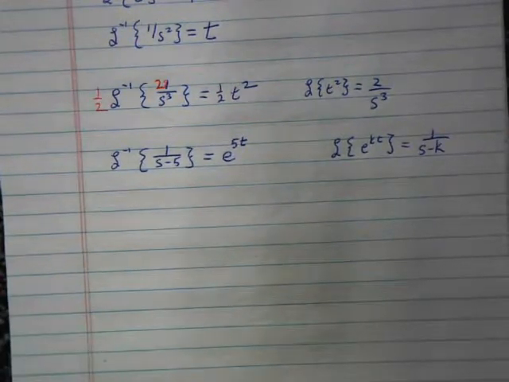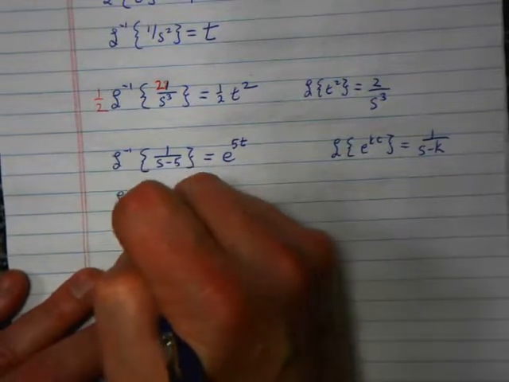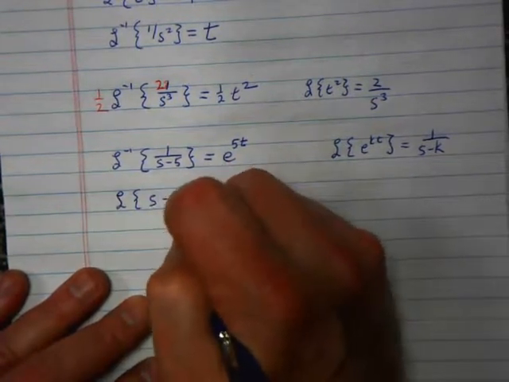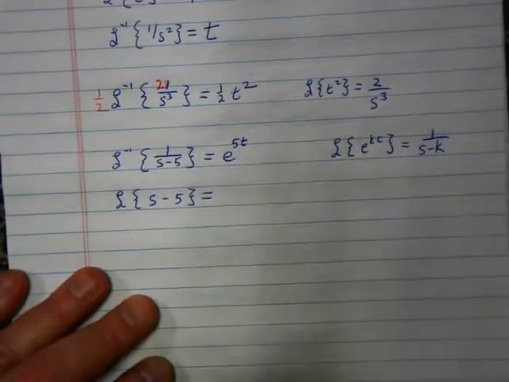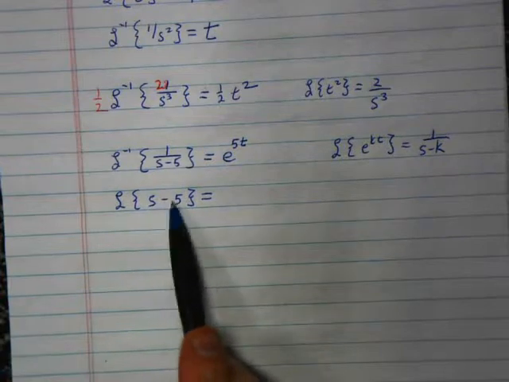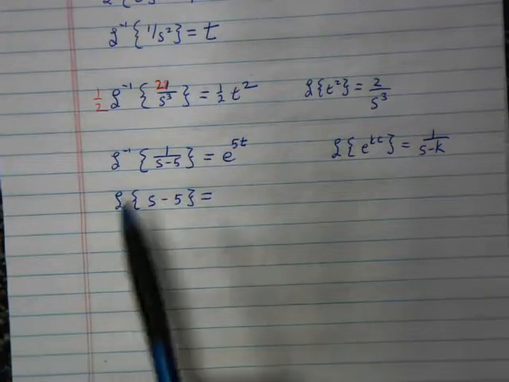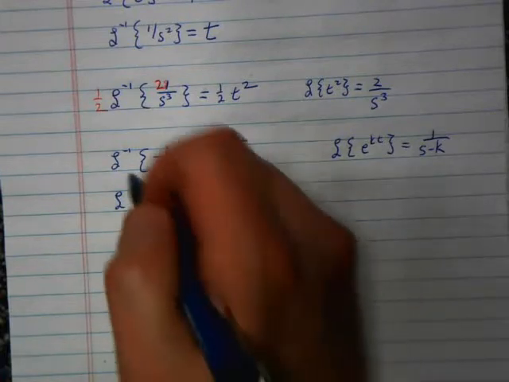So what if it was just s minus 5? Or the inverse maybe. Well, first off, it would not be the Laplace transform of s minus 5. It would be the inverse Laplace transform of s minus 5.